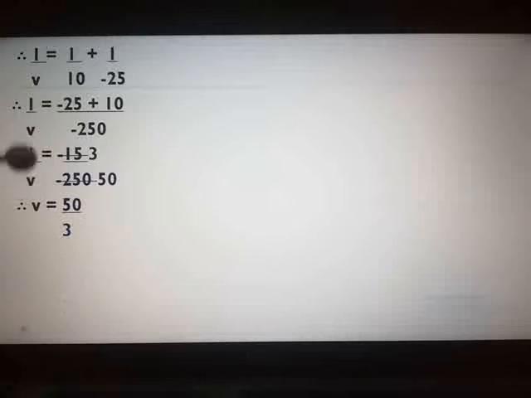So if you want the value of v, you are going to use invertendo. So 1 upon v, if you make v upon 1, this 50 will come in the numerator, 3 will come in the denominator, and when you divide 50 by 3, you get 16.7 centimeter. So you have got the value of v as 16.7 centimeter.